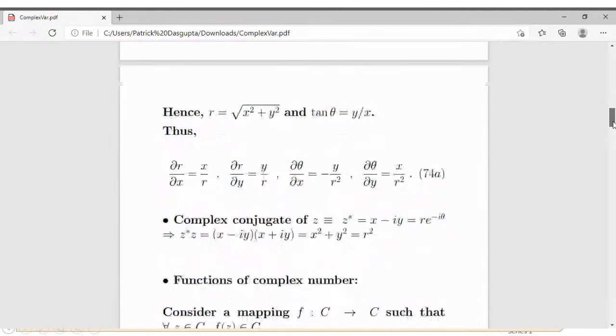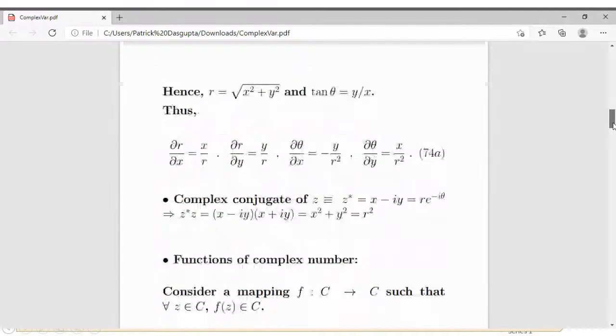Now, we also know that given any complex number z, which is x plus iota y, the complex conjugate of z, denoted by z star, is simply x minus iy. The reason being that x and y, of course, are real numbers, so complex conjugation will not do anything to x and y.